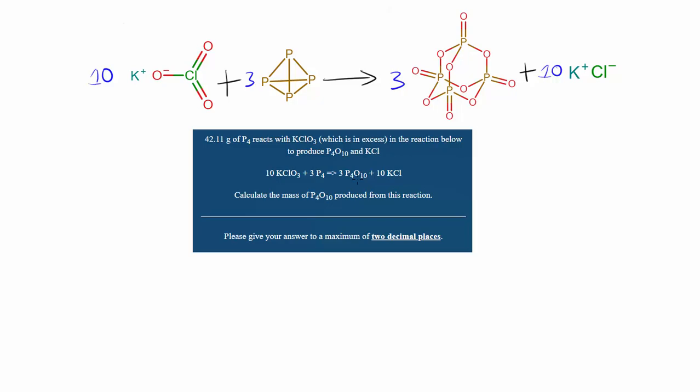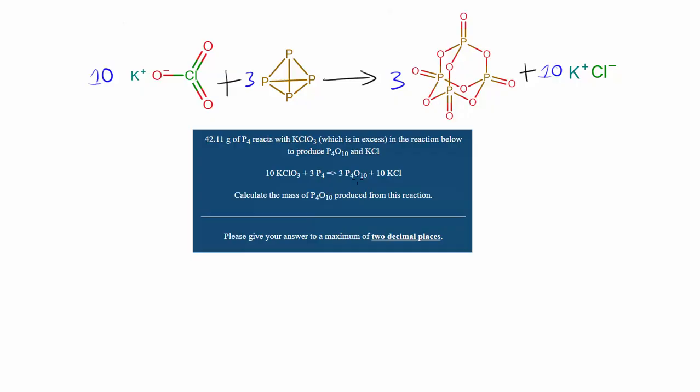So one of the key implications would be the fact that the amount of P₄O₁₀ produced is going to be effectively contingent on the amount of P4 available rather than on the KClO₃. And the assumption we're going to make is that all of the P4 reacted.